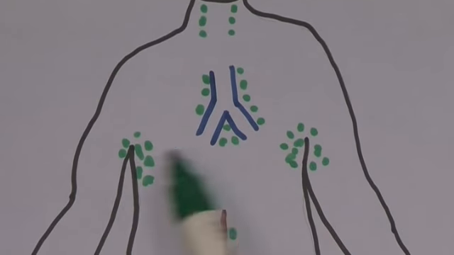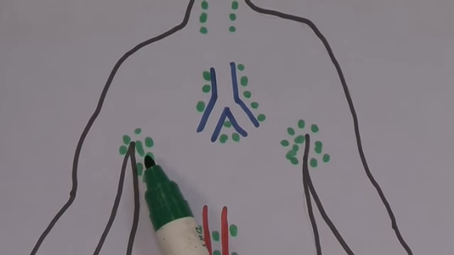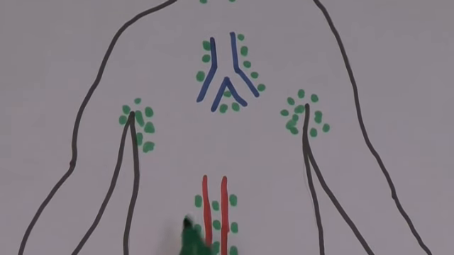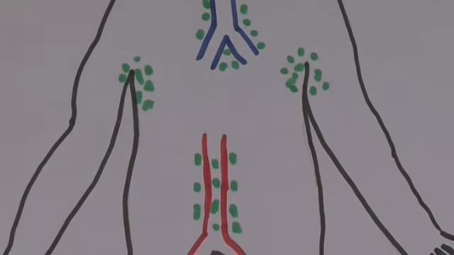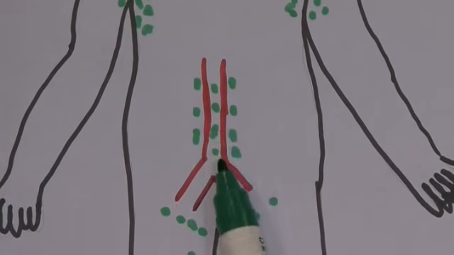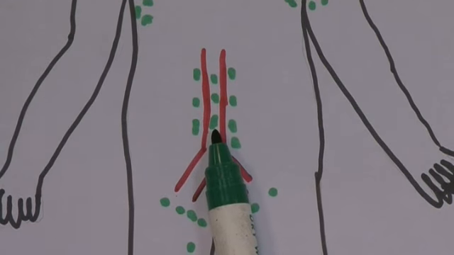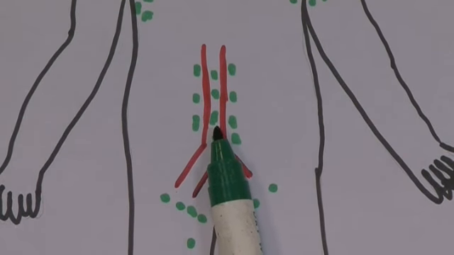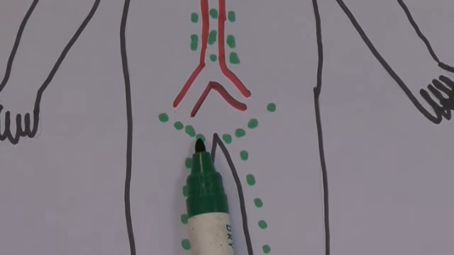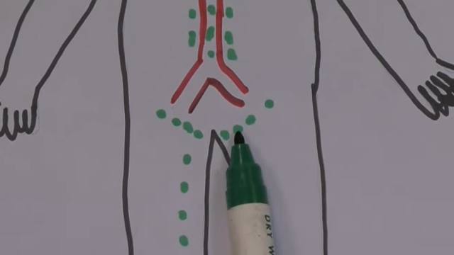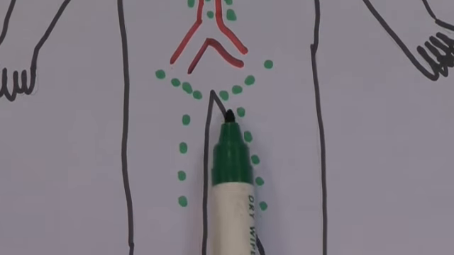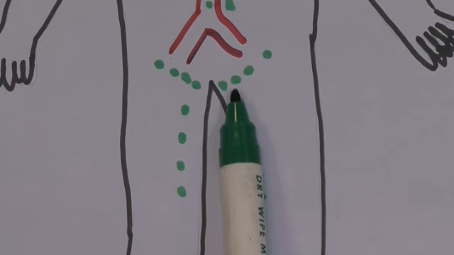In both armpits we have the axillary groups of lymph nodes. Particularly around about the abdominal aorta, we have deep aortic related lymph nodes. Here in the groin, we have the inguinal groups of lymph nodes. And then further down here, we have the femoral lymph nodes.